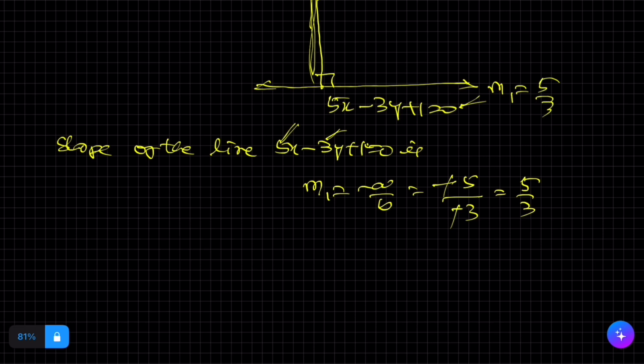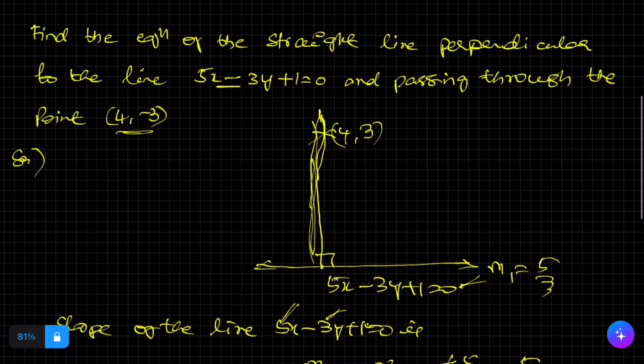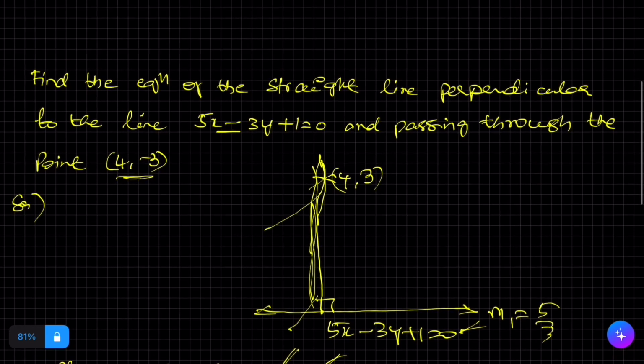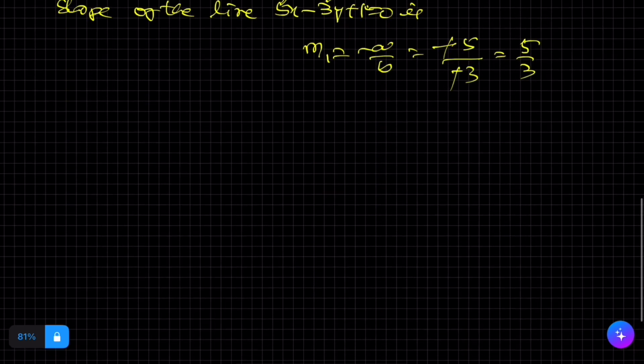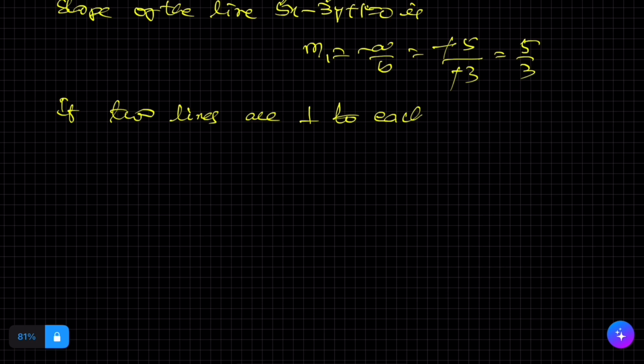Now, given that these two lines are perpendicular to each other, if two lines are perpendicular to each other, then the product of their slopes is -1, that is m1 into m2 is -1.